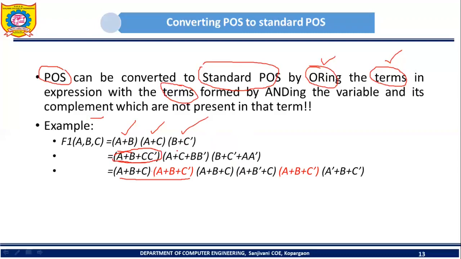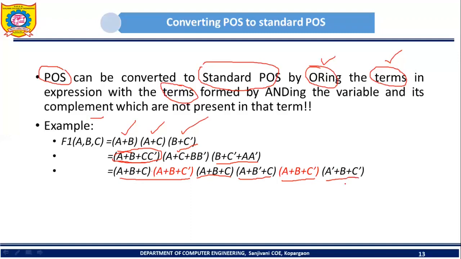Similarly, this term will also get divided into two terms: A plus C plus B, that is A plus B plus C, and the second will be A plus C plus B bar, so A plus B bar plus C. Similarly, this term will also get divided into two subterms. The first will be A plus B plus C bar. The second will be B plus C bar plus A bar, that is A bar plus B plus C bar.